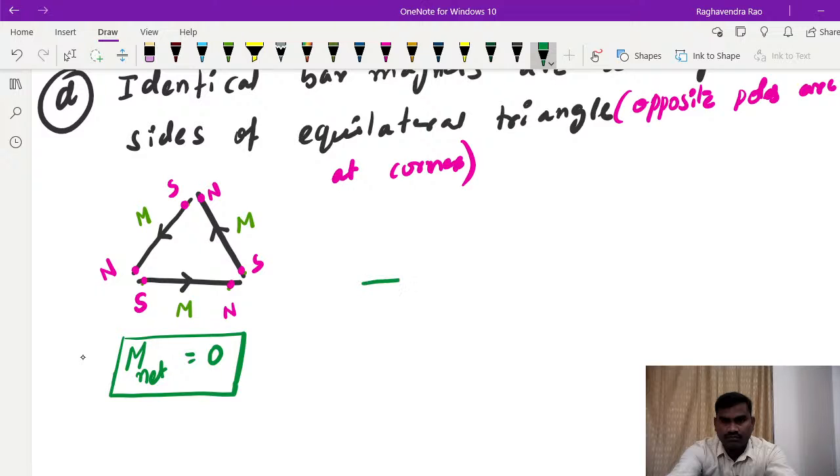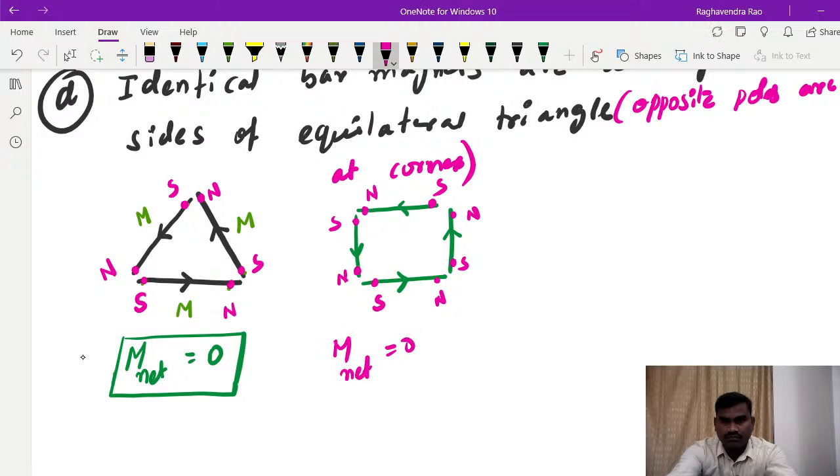In the same way, if four magnets are arranged to form a square with opposite poles at the corners, south, north, south, north, south, north, south, north, now again these two are in opposite direction, so the net magnetic moment will be equal to 0.